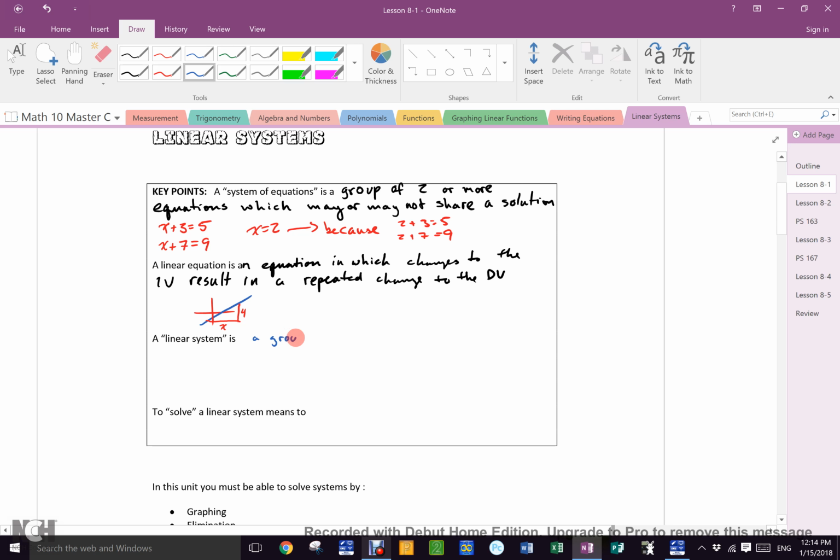A group of 2 or more what's? Linear equations. Which may or may not have a solution.